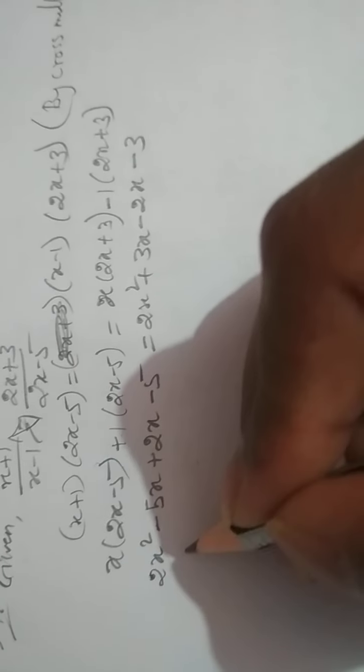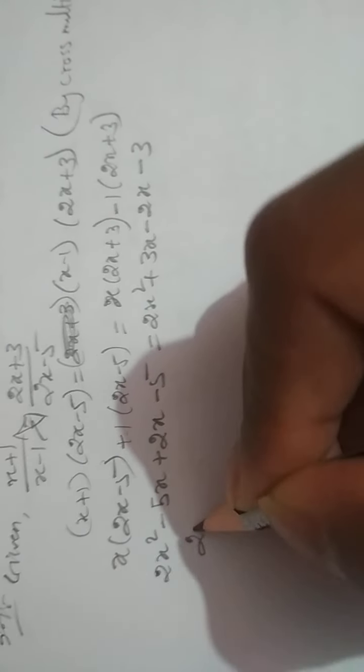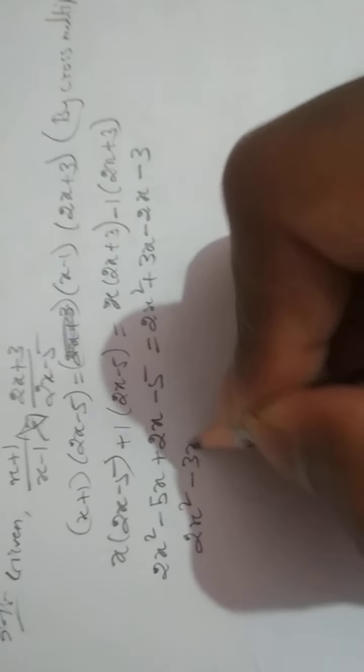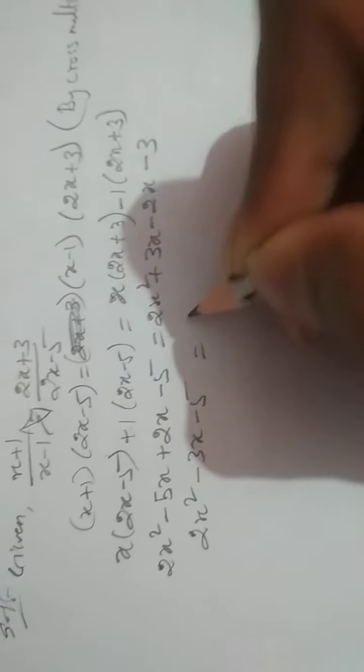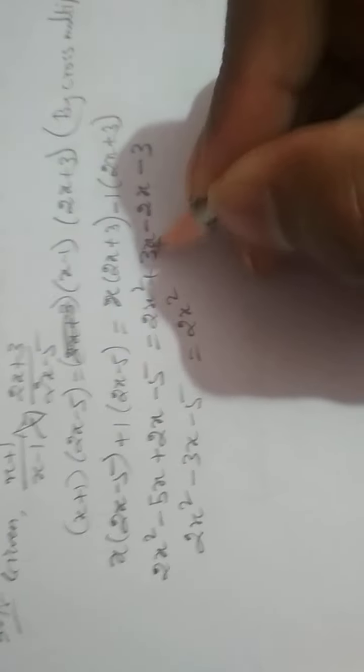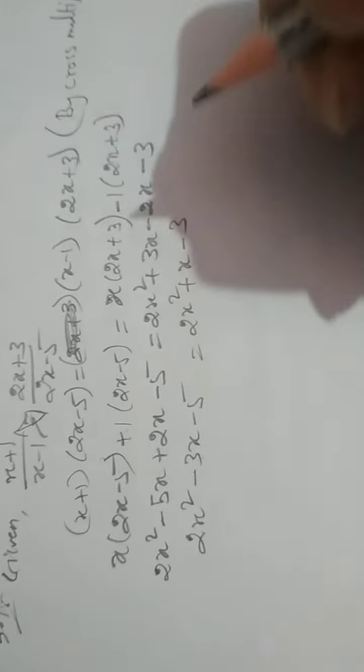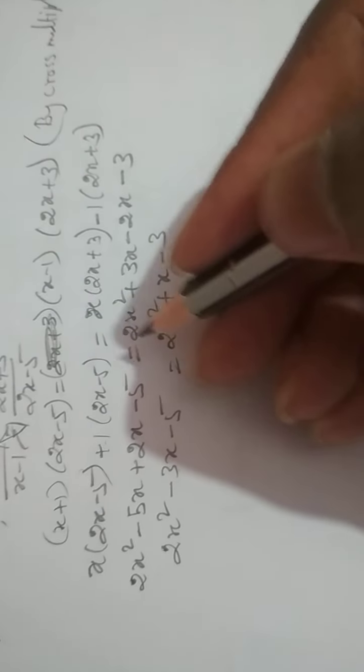So next we simplify. 2x square minus 5x plus 2x minus 5 is equal to 2x square plus 3x minus 2x plus x minus 3. Next we collect the variables on one hand side and the constants on the other hand side.